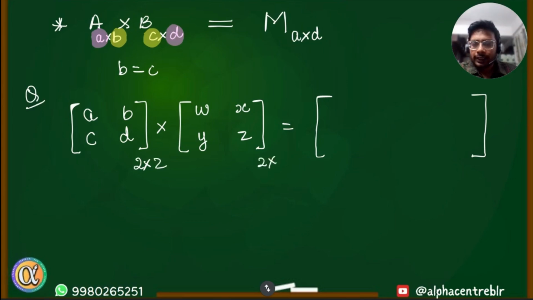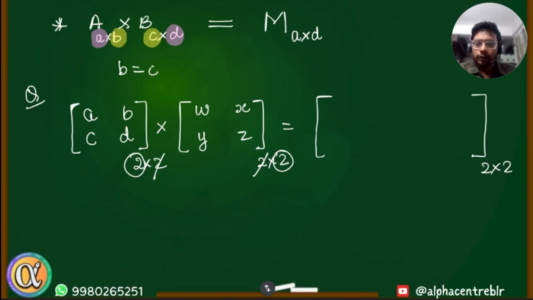So they satisfy the basic rule of multiplication, that the column of A is the same as the row of B, so they can be multiplied. And the order of the final matrix is also 2 cross 2. So in the final matrix, we will again get 4 terms, like the parent matrices which we are multiplying. Now, how do we multiply these?